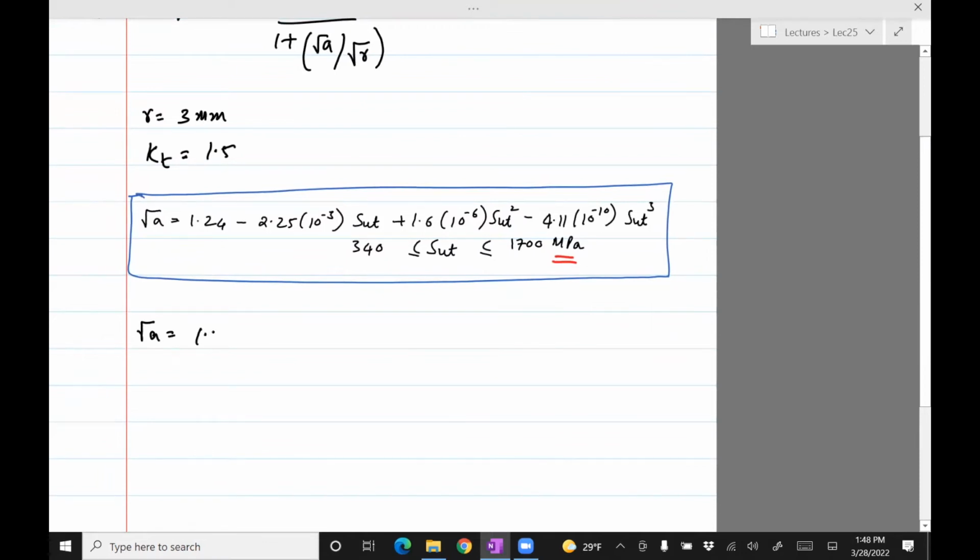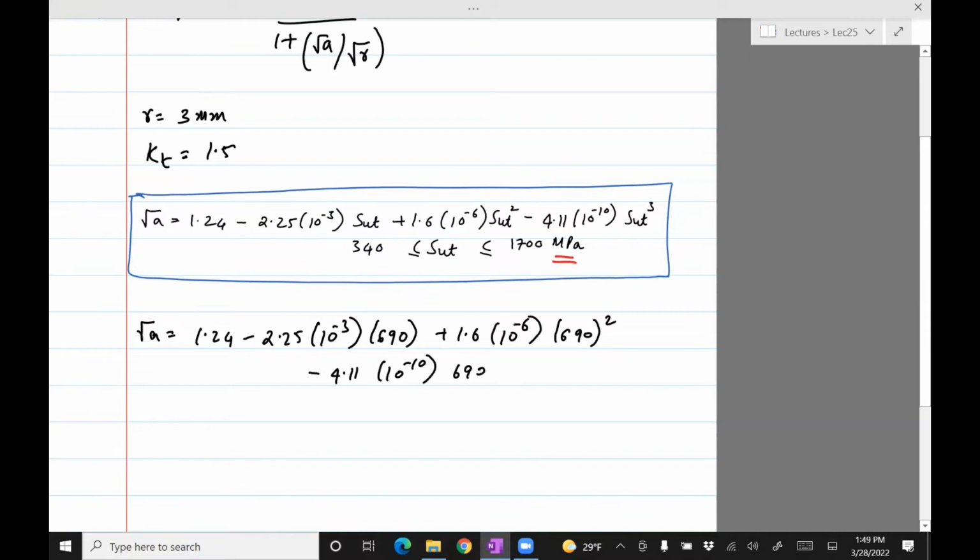Okay, so 1.24 minus 2.25 Sut, Sut is 690, plus 1.6 times 690 squared, minus 1.11 times 690 cubed.